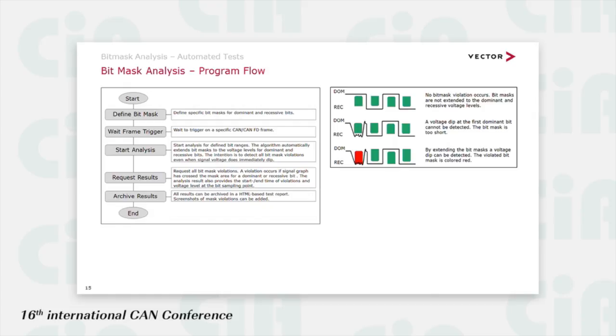Then you want to trigger on a CAN ID, or you want to trigger on a specific protocol error. You can wait in the programming interface until the condition is fulfilled, and then in the next step the analysis starts.